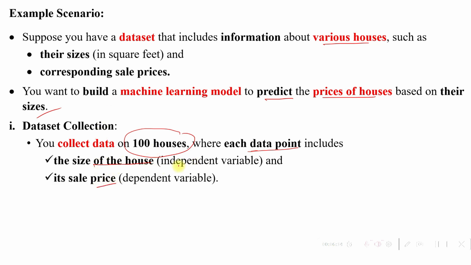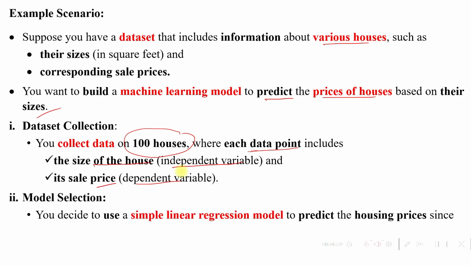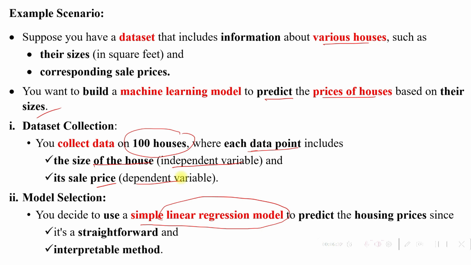Here the size of the house is the independent variable and the sale price is the dependent variable.